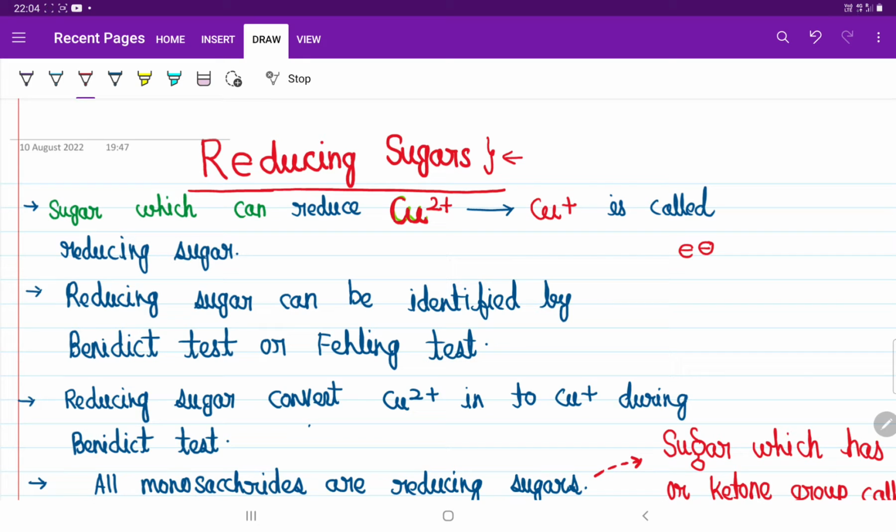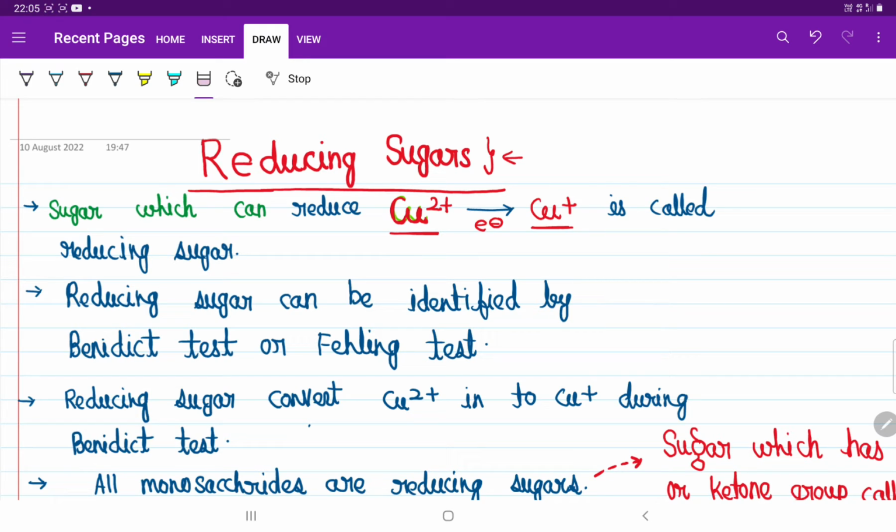So the sugar which can convert Cu2+ ion into Cu+ ion is called reducing sugar. That sugar will donate an electron to the Cu2+, Cu2+ will accept it and convert into Cu+. So only those sugars are called reducing sugars.